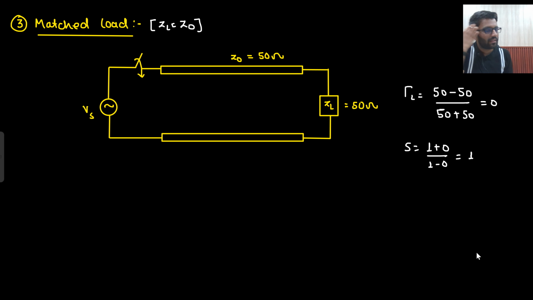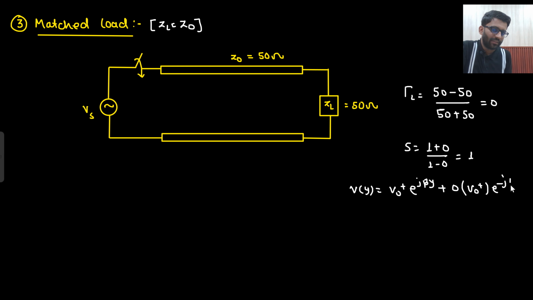And what do I mean by that? V maximum and V minimum are equal. Basically, what will be your V(y)? V(y) will be V naught plus e to the power j beta y, plus 0 into V naught minus e to the power minus j beta y, which will be 0. So V(y) is just V naught plus e to the power j beta y.